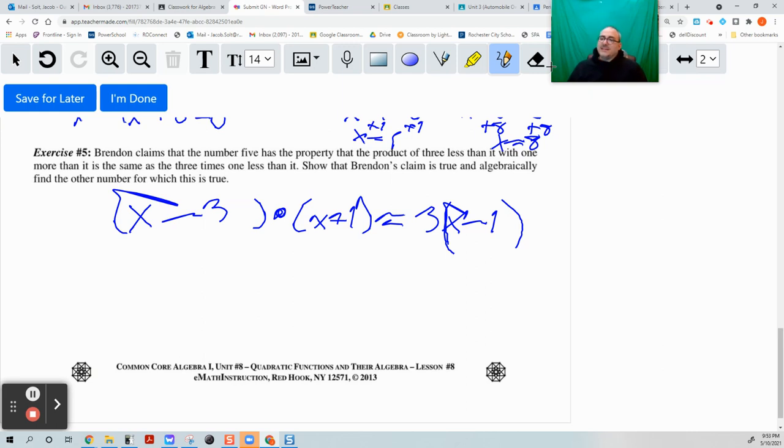So I need parentheses here. So it's 3 times the expression x minus 1.